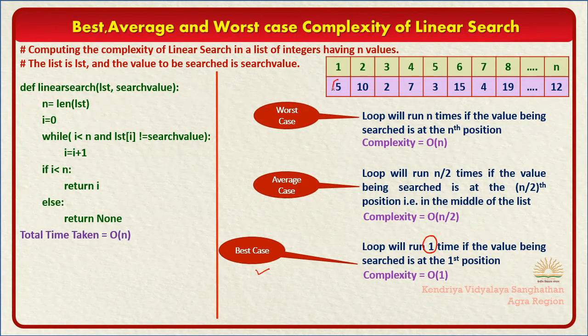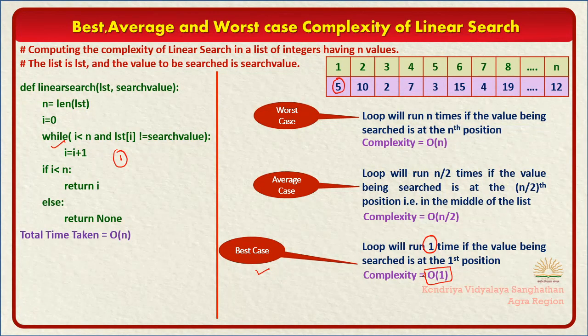If we have to search for 5, then only one comparison will be made. The loop will run only one time. When the loop will run only one time, the complexity will be order of 1. It will be a constant complexity, and this is the best case complexity of linear search.